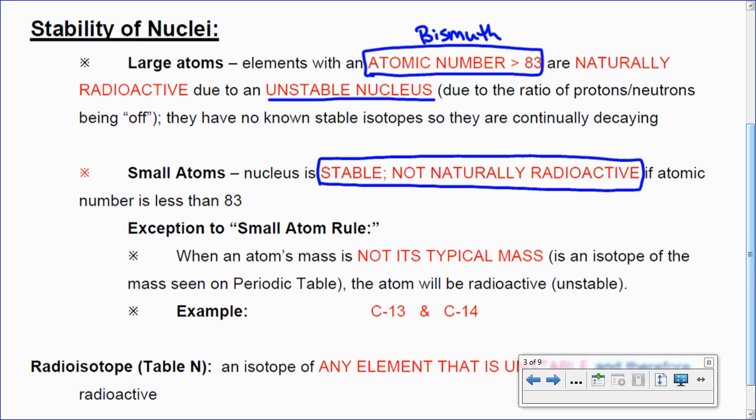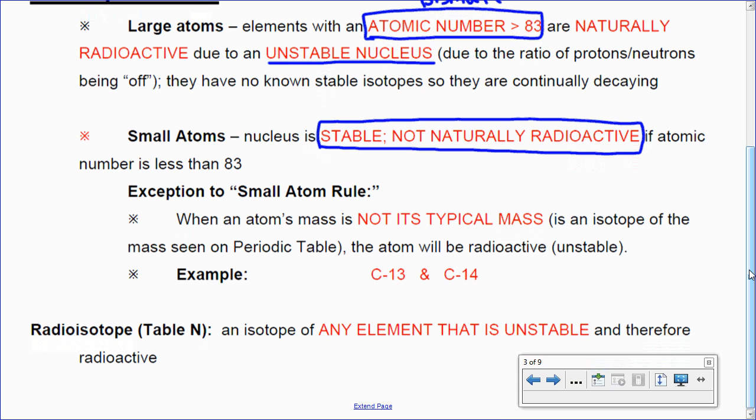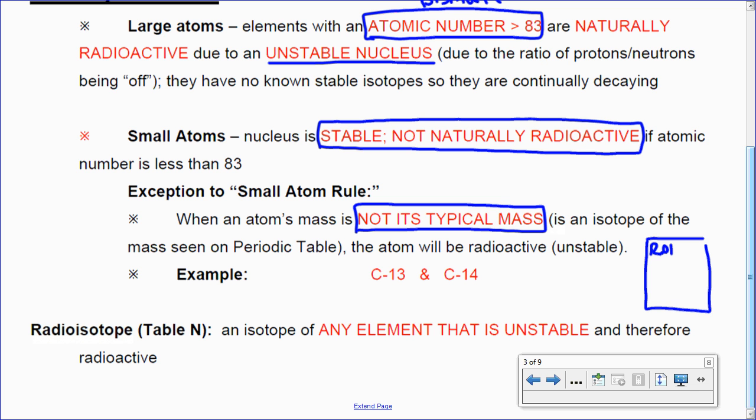There are exceptions, obviously, because the typical mass as reported on the periodic table is the mass for the stable isotopes. So if you're looking at the periodic table for carbon, the square says carbon, 12.011, carbon, and 6. So the typical atomic mass is 12.011.